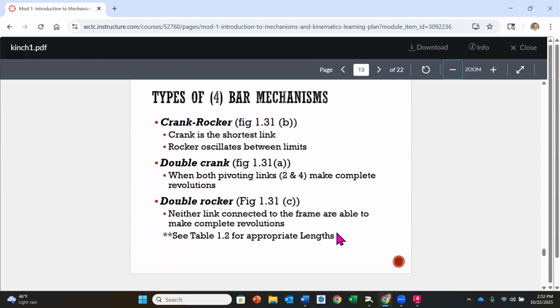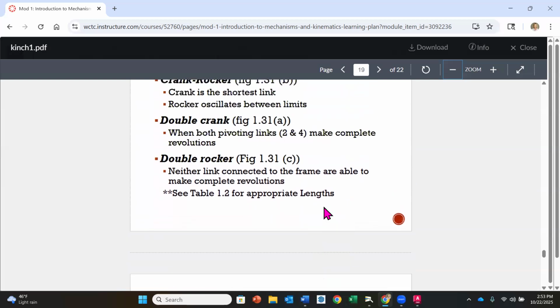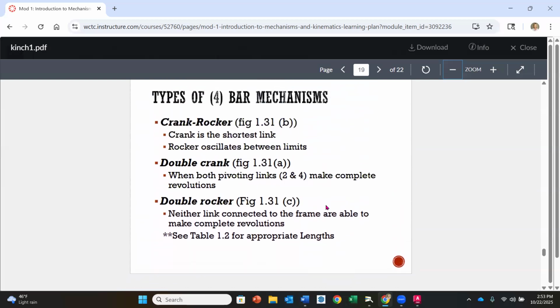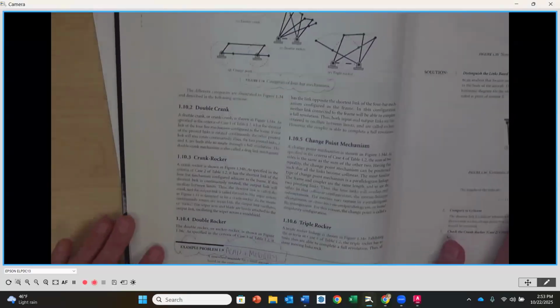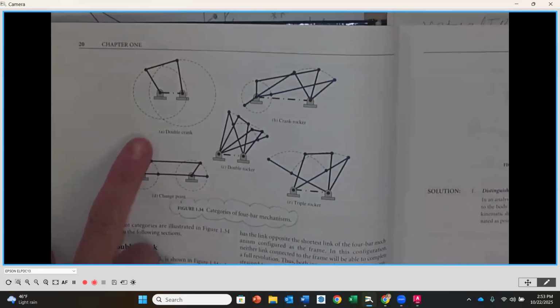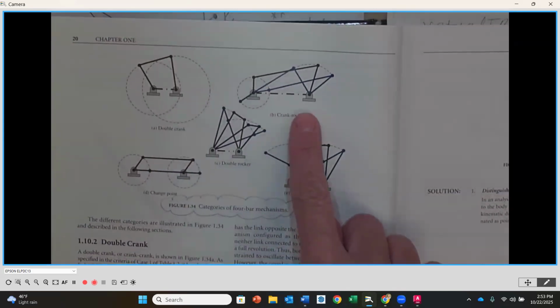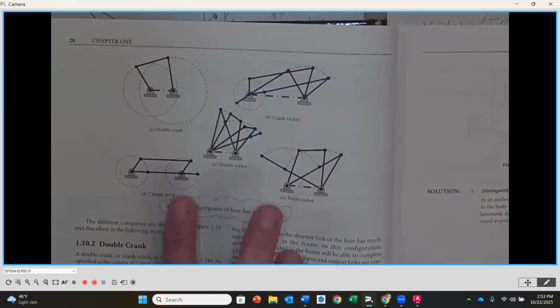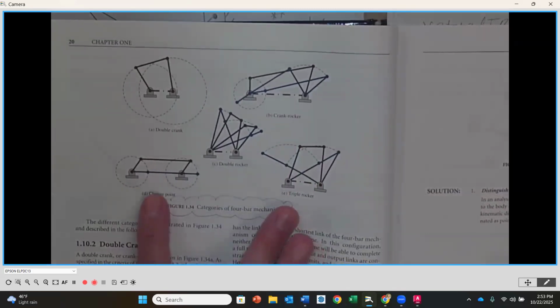Now, there are a couple different types of 4-bar mechanisms, the most popular being the crank rocker, the double crank, and the double rocker. And those we can find on page 20 in our book, okay? So the 3 most popular are going to be the double crank, the crank rocker, and the double rocker. These other 2 aren't as popular, but they're there too.